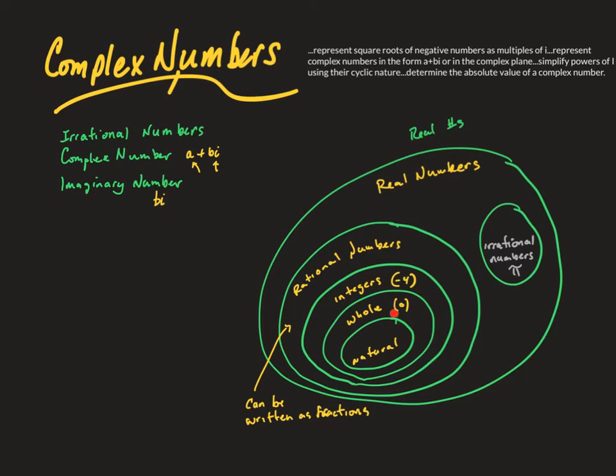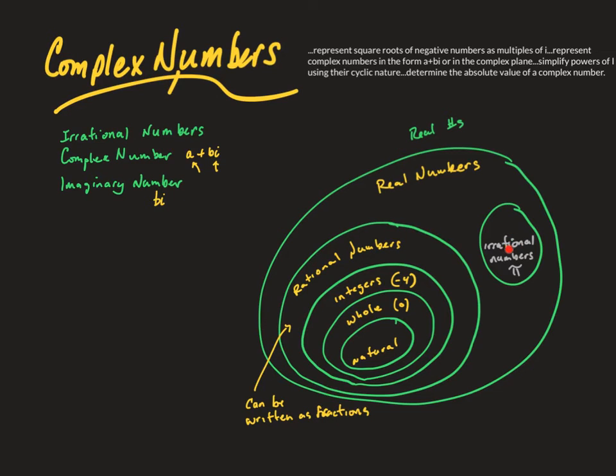Your whole numbers would include all your natural numbers plus 0. Integers will include your positive and negative numbers along the number line. And then rational numbers are any number that can be written as a fraction. Those are one portion of my real numbers.